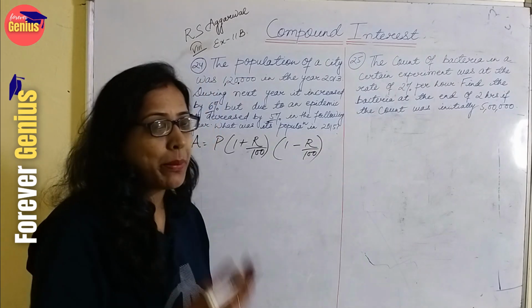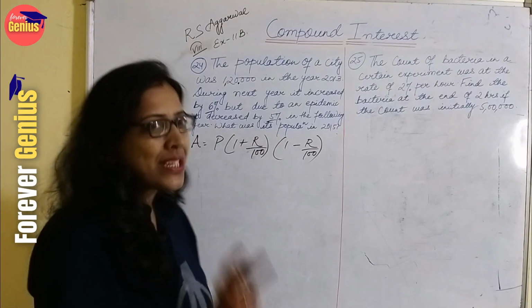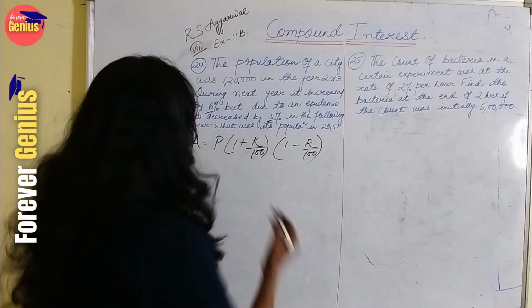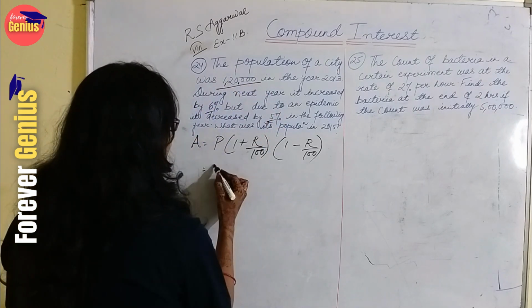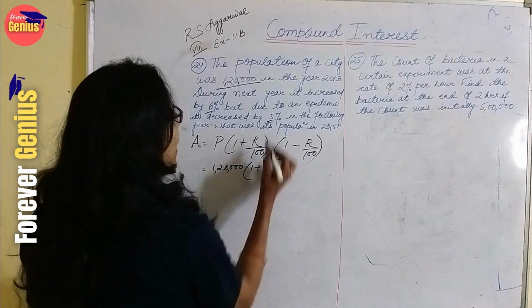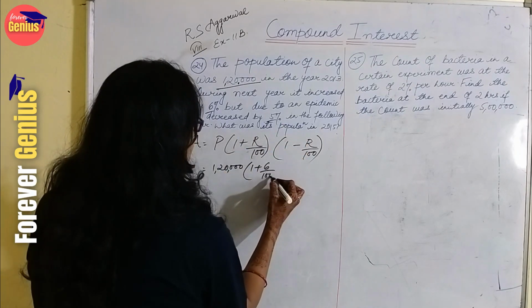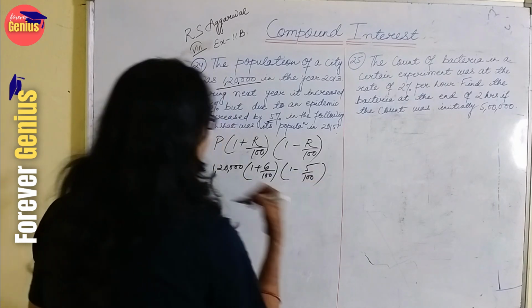Otherwise it will come out in increased form, which we cannot afford because the question is not allowing that. So this is equal to, now P is 1,20,000 in this case, 1 plus 6 by 100, and 1 minus 5 by 100.